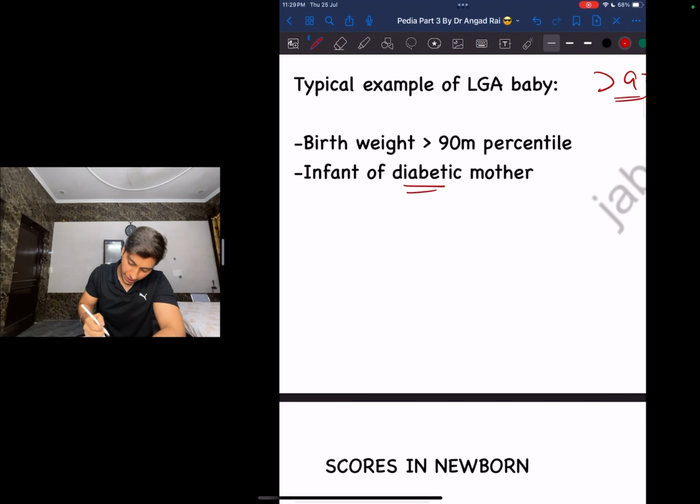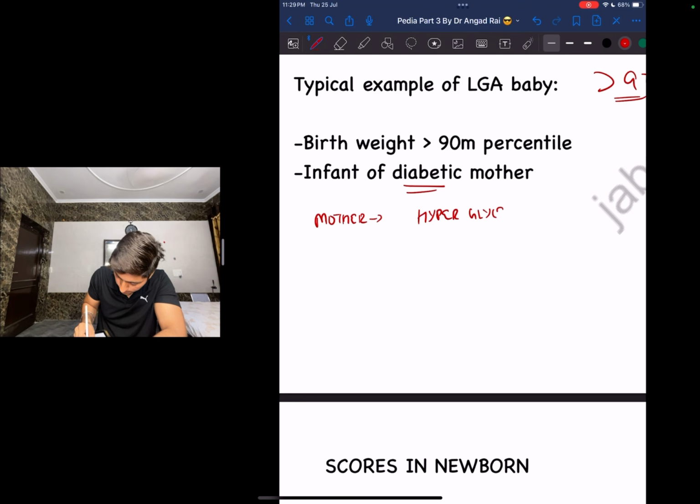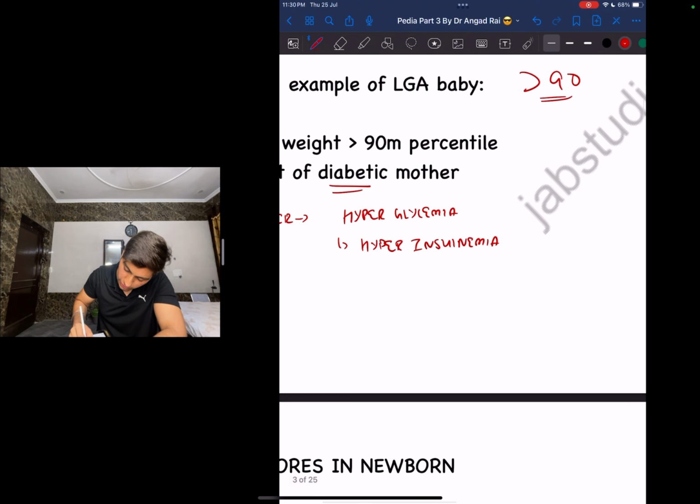So in infant of diabetic mother, first we'll talk about the mother. What are the issues with the mother? The mother will have hyperglycemia, right? Because of which she will have hyperinsulinemia. Alright, so this will get transferred into the fetus.